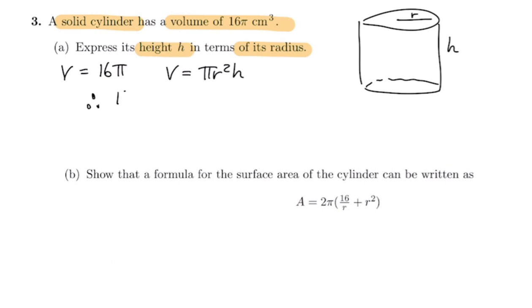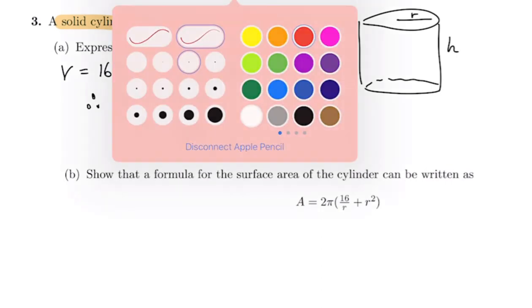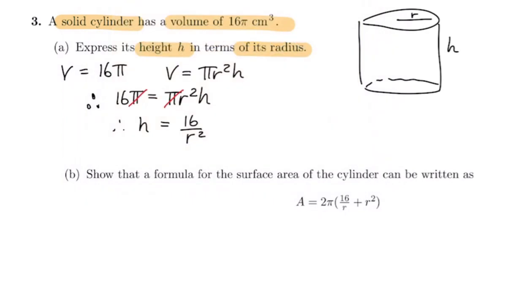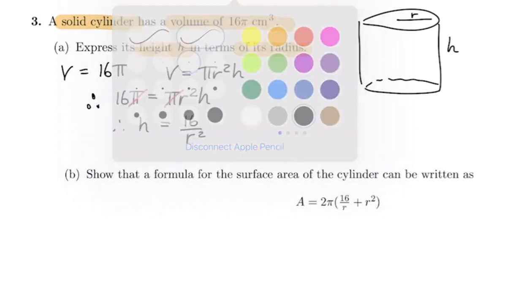Therefore, 16 pi must equal pi r squared h, and therefore h must equal 16 over r squared, because of course the pi's will cancel each other out. And that's part 1 done.